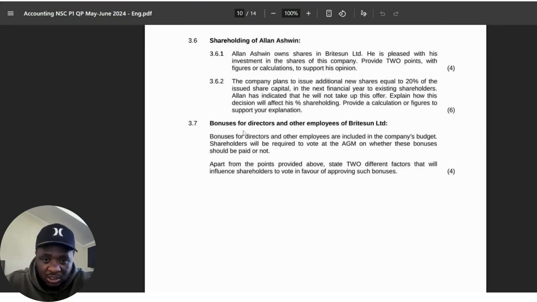So it says that bonuses for directors and other employees included in the company's budget. Shareholders will be required to vote in the AGM on whether the bonuses should be paid or not. So it says, apart from the points provided above, state 2 different factors that will influence shareholders to vote on approving such bonuses.